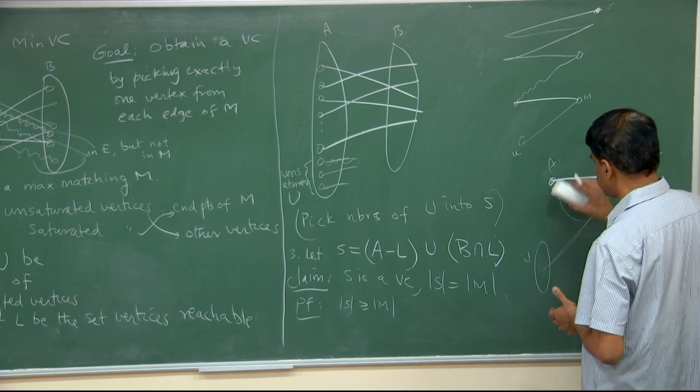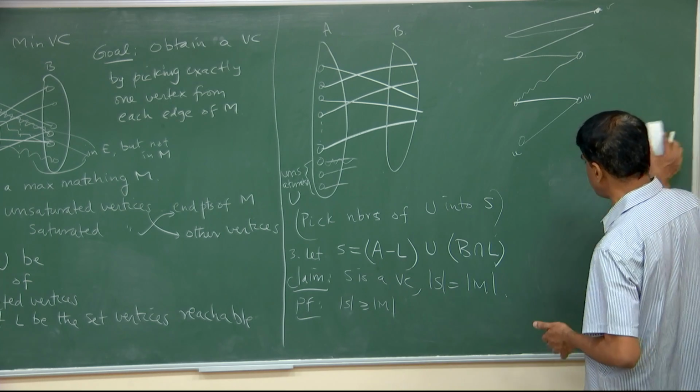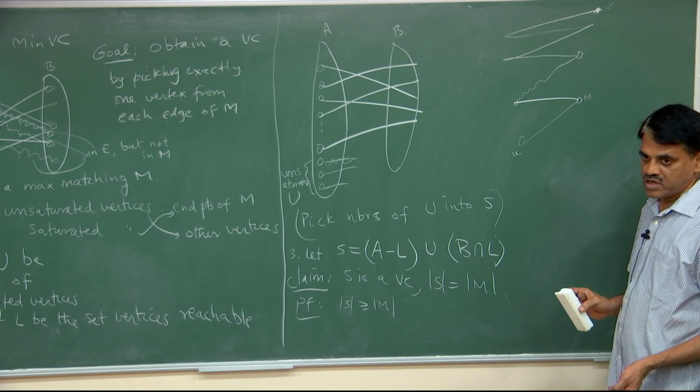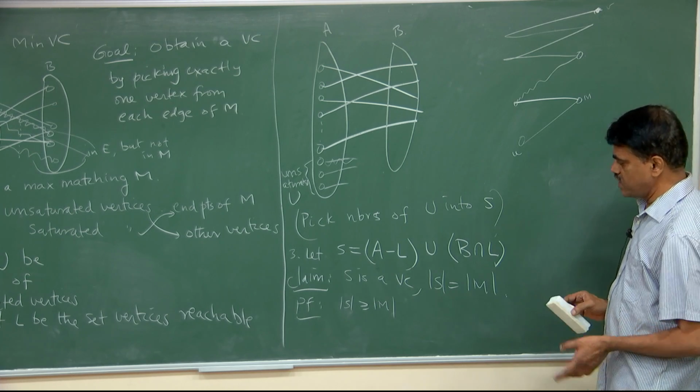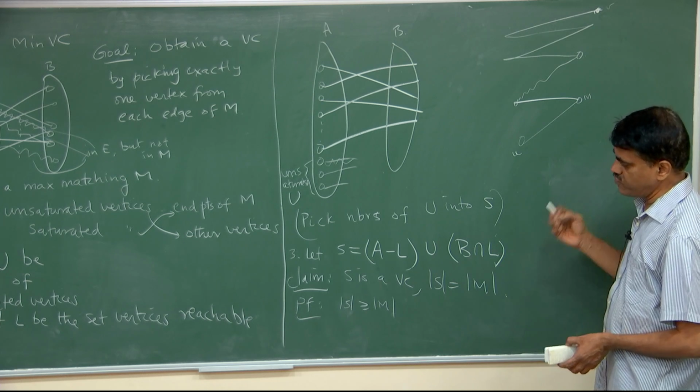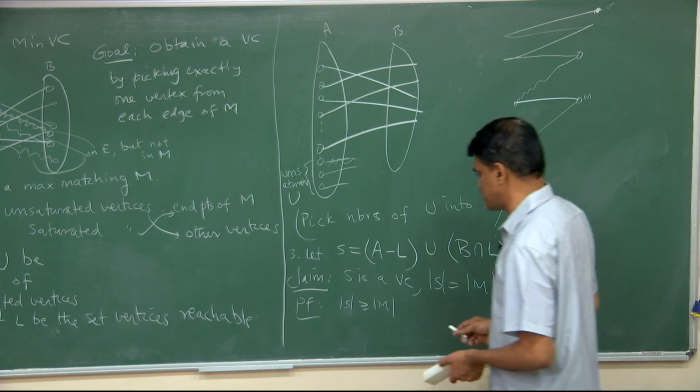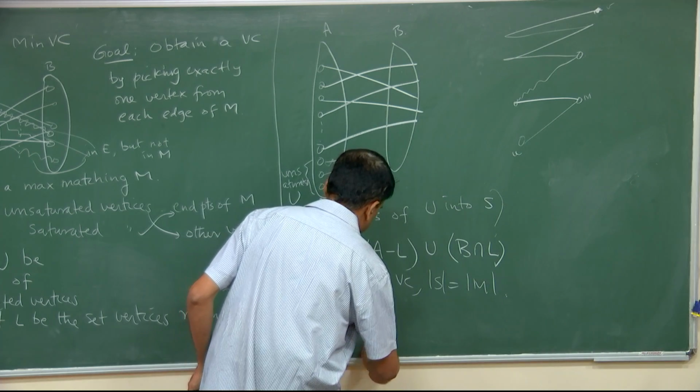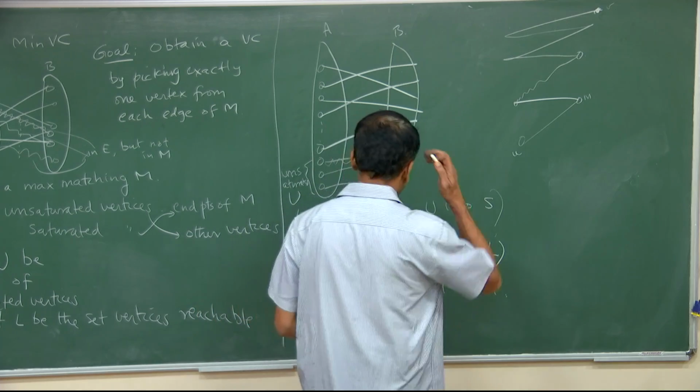Good. Second point I want to show is that S cannot pick an unsaturated vertex. The vertices of S are exactly from matching edges, so that would show that S is equal to M. Why? Again, the same argument.